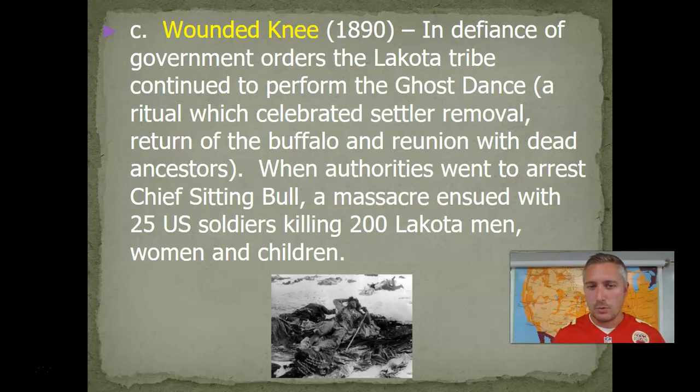But authorities were nervous because as part of this ritual, they put on cloaks that they believed would stop bullets, and so they believed this was emboldening the Lakotas to possibly attack American settlements. So they told them to stop. They had to stop this ghost dance.